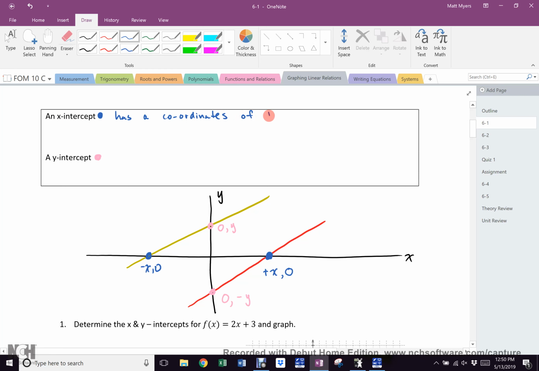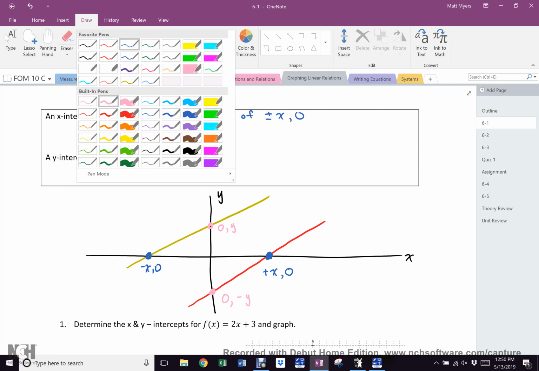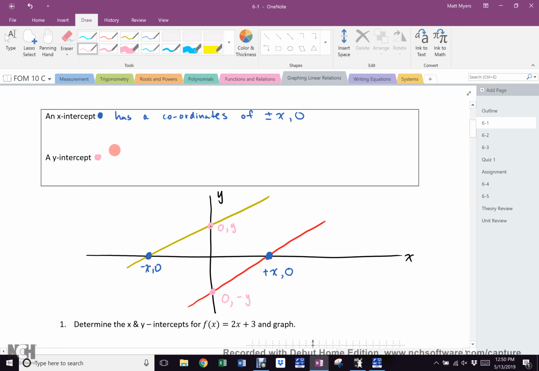Of positive or negative x and what? 0. What is every single y-intercept? 0 and positive or negative y. Which y-intercepts follow that rule?